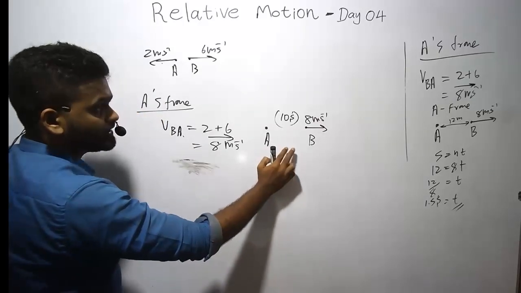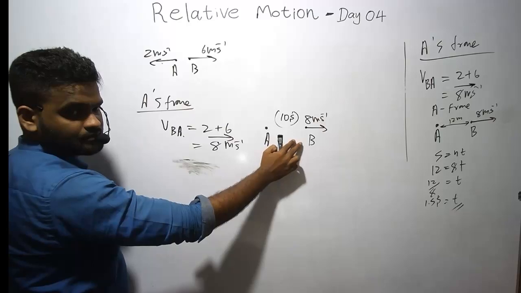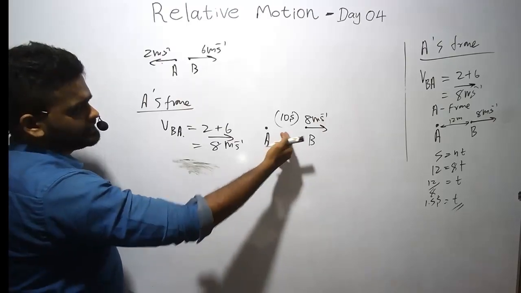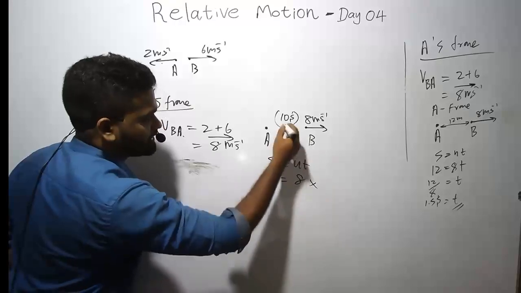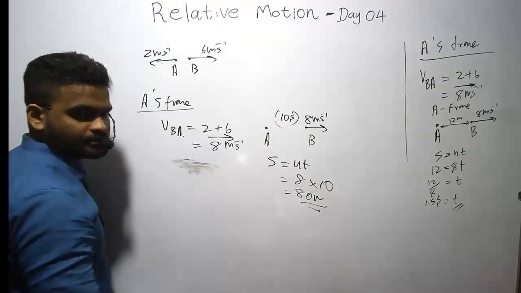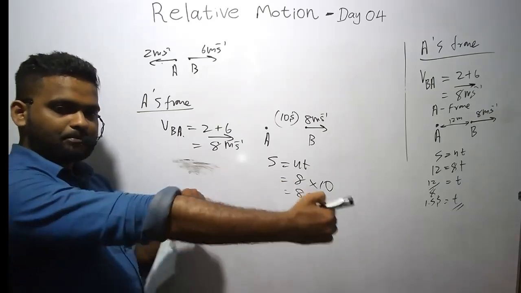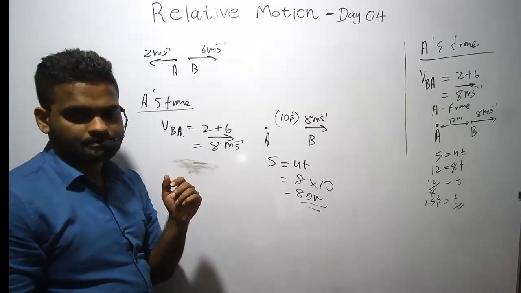So this one is called A's frame. This image is A's frame. Then just do S equals UT. What's the speed? 8 times 10. Then you get 80 meters. Understood? Actually, their gap becomes 80 meters after a while. Understood?